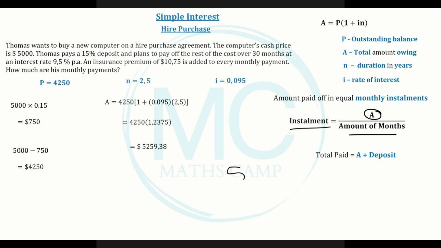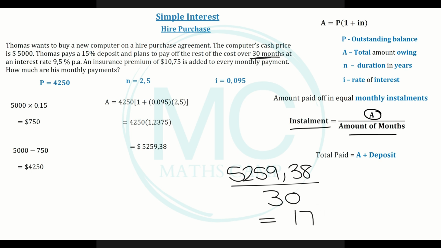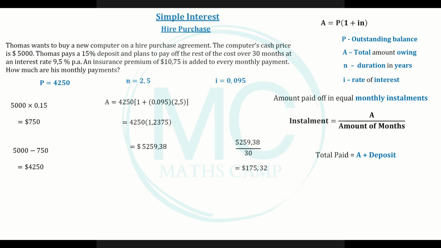So A is $5,259.38. And we're going to divide it by 30 months. So we say over 30, and we get $175.32. Remember to always round your answers to 2 decimal places.